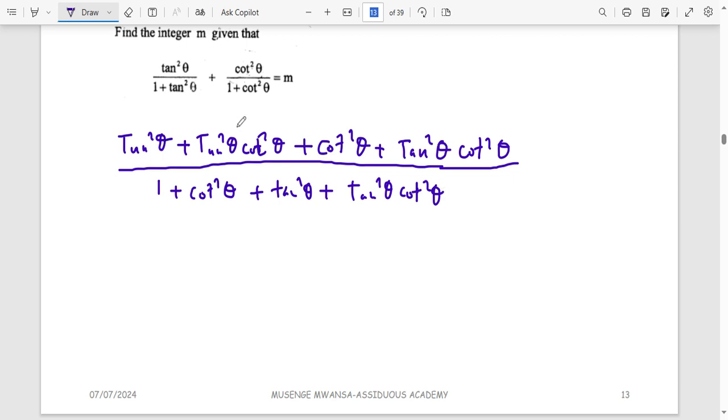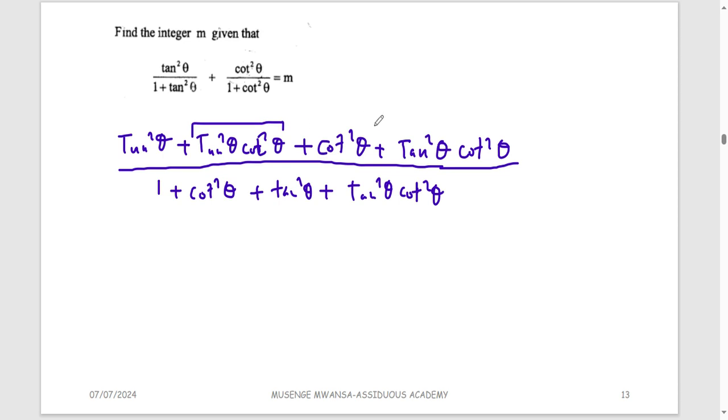Now let's add what's on top. Hope you can see the way they are. But then remember, tan and cot are reciprocals. What happens when you multiply a number by its reciprocal? You get a 1. So this is a 1. This is a 1. And this is a 1.